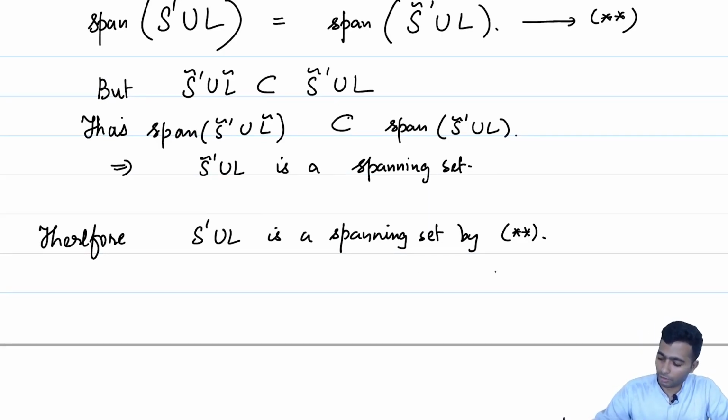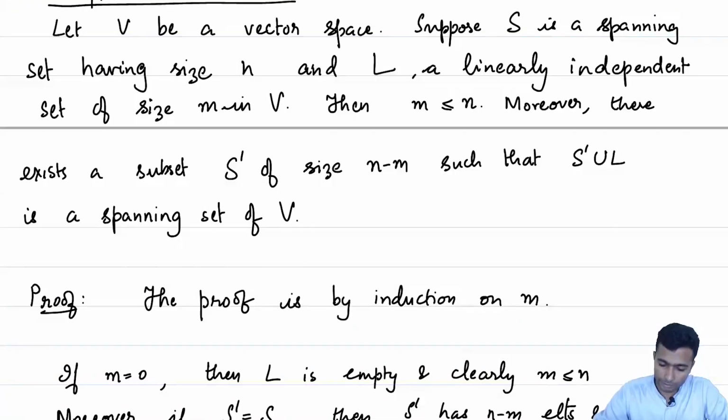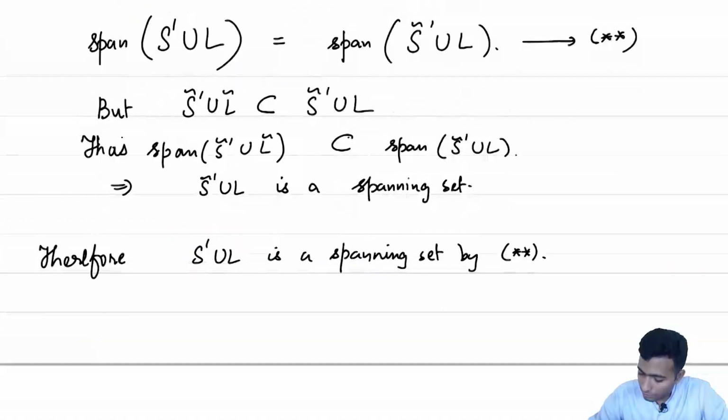So we have proved every statement which we had written down in the statement of the replacement theorem. There exists a subset S prime of size n minus m such that S prime union L is a spanning set of V. Hence we have proved the result.